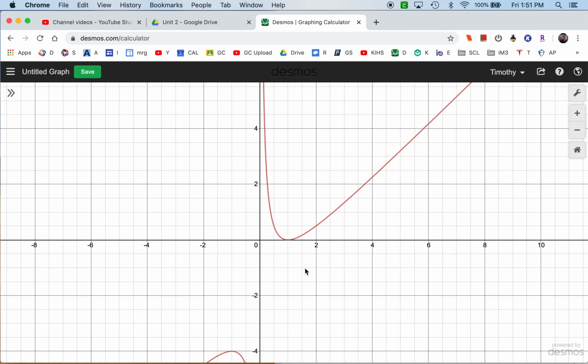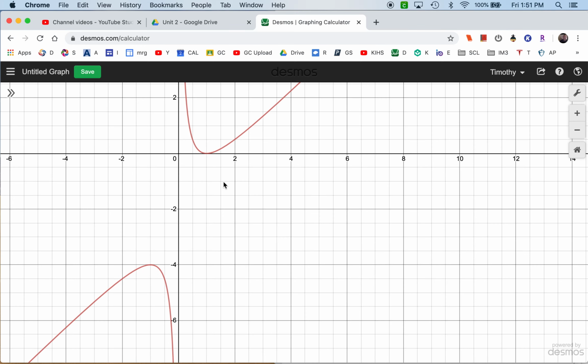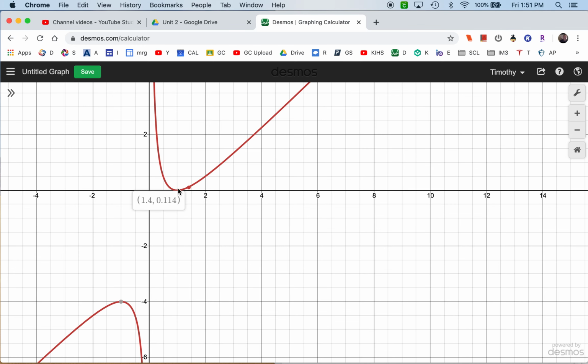Look here in terms of what we have. Notice here you have a hole, but it just touches at that hole. Notice it has that even multiplicity, that even exponent, so it doesn't cross over. At the vertical asymptote, it goes up to infinity, and on the other side, it goes in the opposite direction.